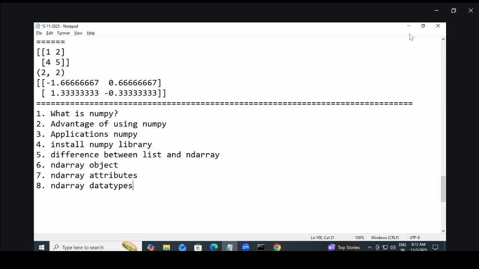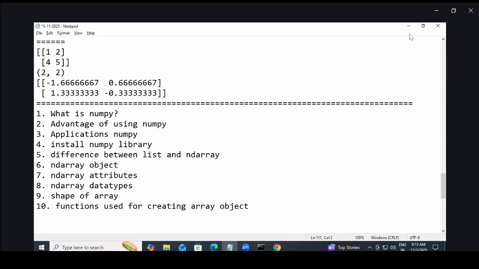At the same time, we discussed the shape of the array object and how to modify the shape of the array. And we even discussed the functions used for creating an ND array or array object.